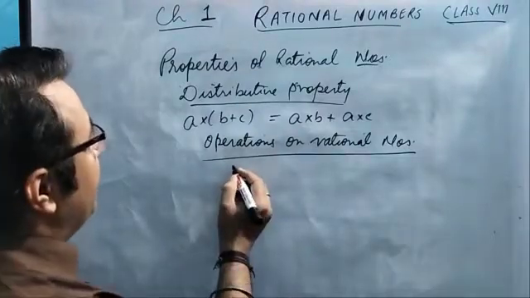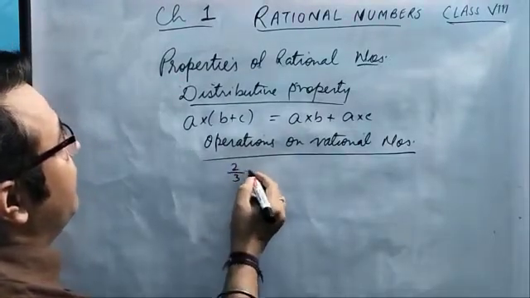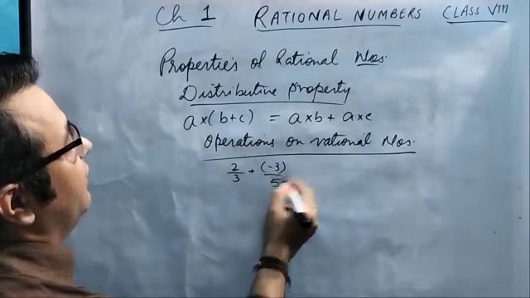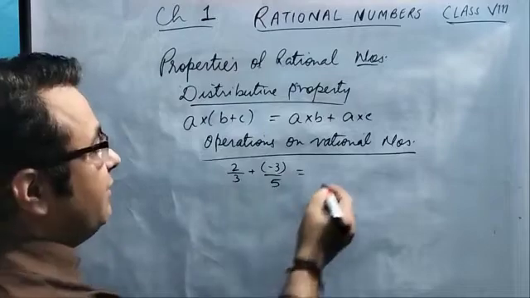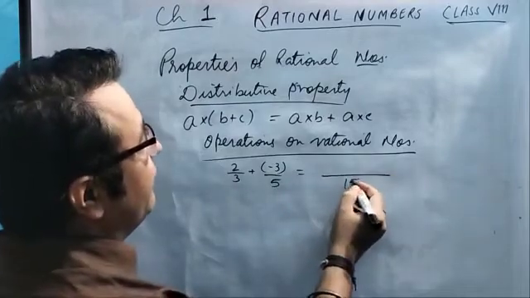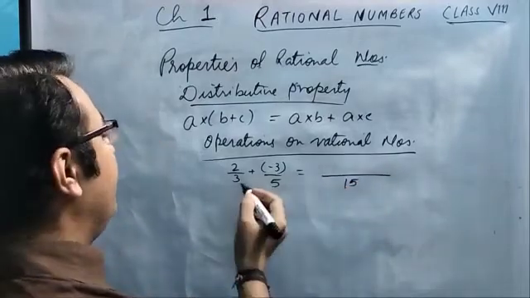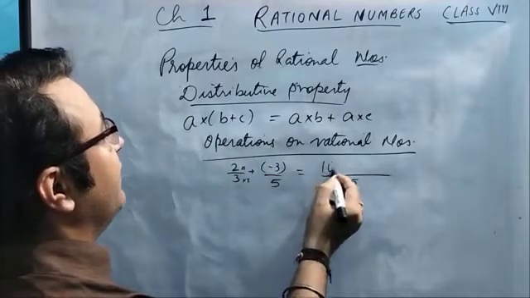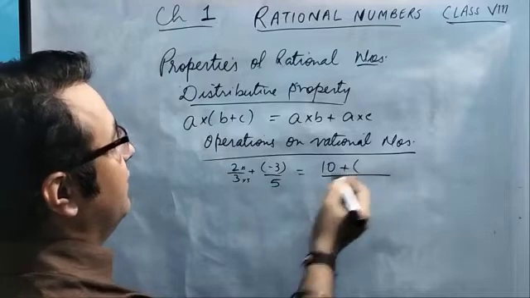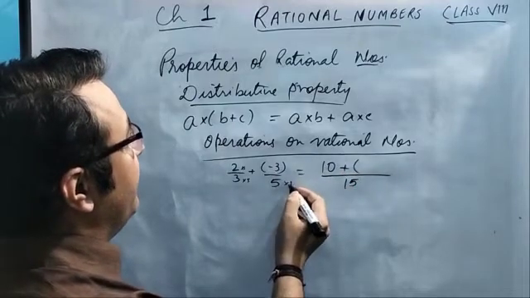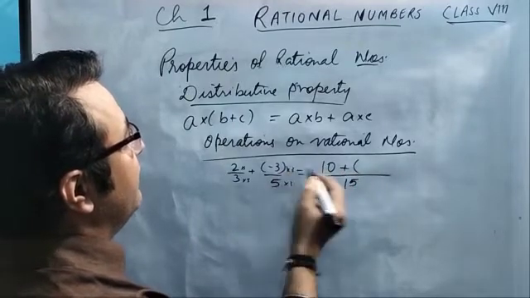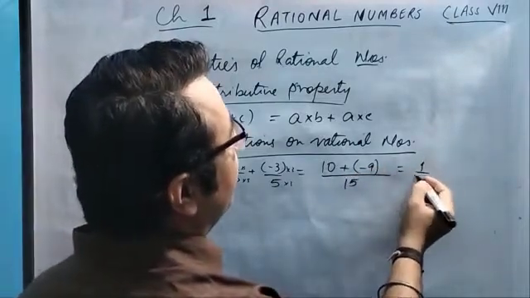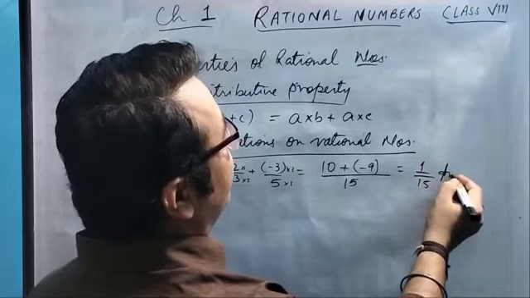Suppose we have to add two rational numbers, 2 upon 3 and, let's say, minus 3 upon 5. Here the denominators are different, so we will take the LCM. The LCM will be 15. Here 3 into 5 is 15, so 2 into 5 is 10, plus, 5 3s are 15, and 3 into minus 3 is minus 9. So 10 plus minus 9 will give us 1 upon 15. This will be our answer.